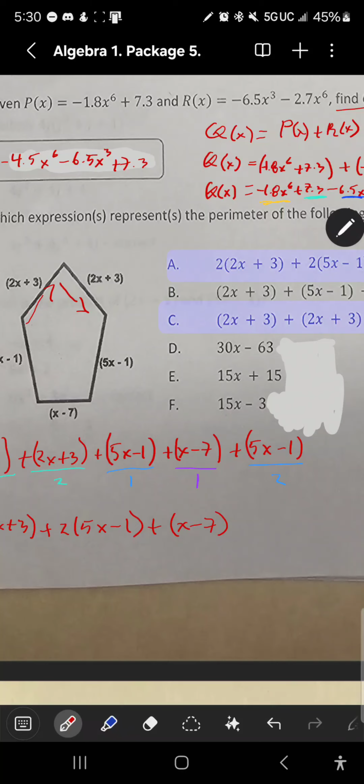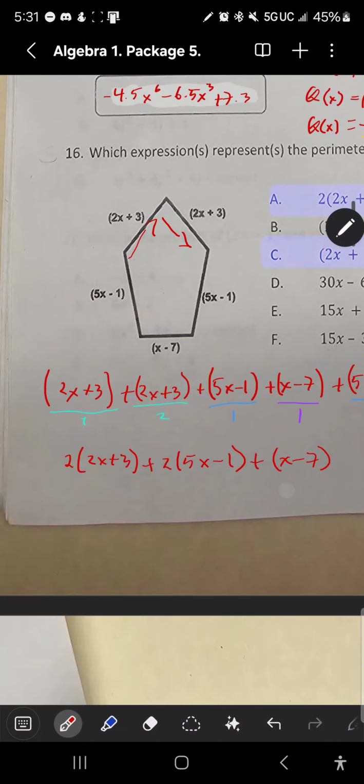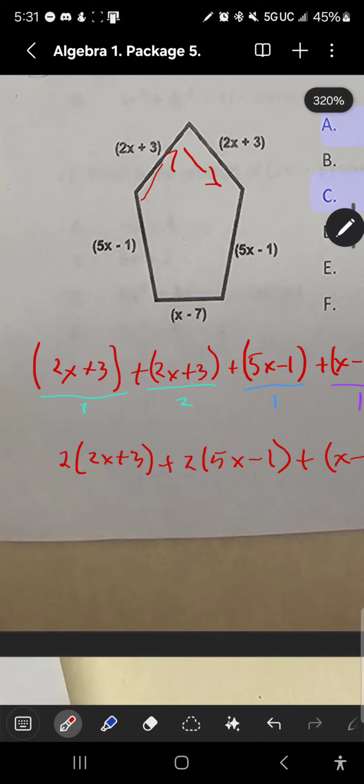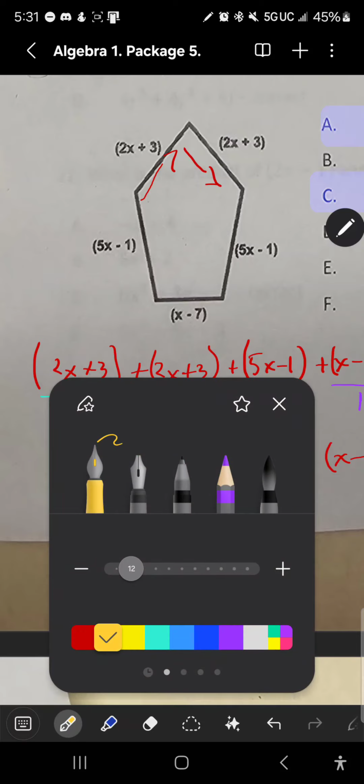Let's see, like here, you see this like an answer. So let's calculate what is the answer. Now I'm gonna use this one, so 2 times 2x is, I'm gonna do it in another color.